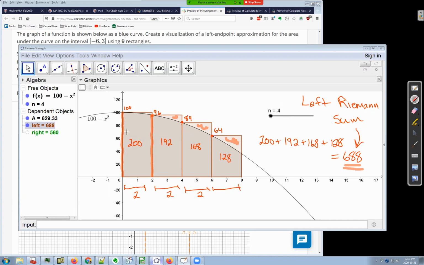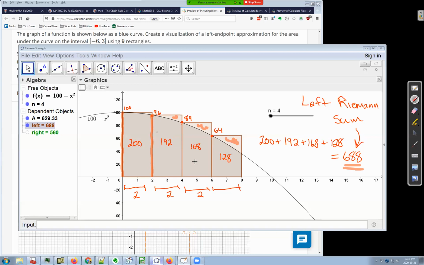Do we ever use the left-hand endpoint for the first rectangle and a right-hand endpoint for the second? I guess technically speaking, you could do that, but we're not going to in this class. We're going to keep it simple: a left Riemann sum means the height of every rectangle is based upon the left side, and for a right Riemann sum, the height of every rectangle is based upon the right-hand side.